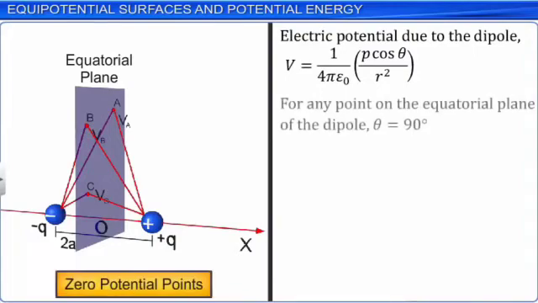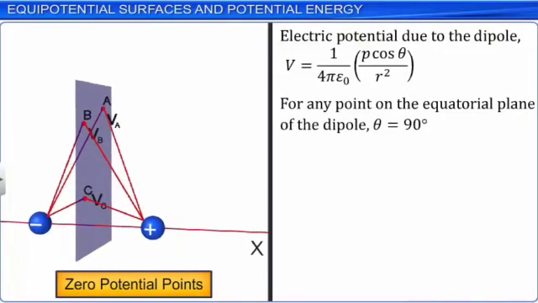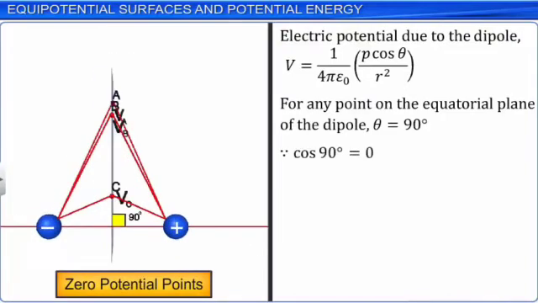Since points A, B and C lie on the equatorial plane, theta is 90 degrees for points A, B and C. Therefore, VA, VB and VC are equal to 0.